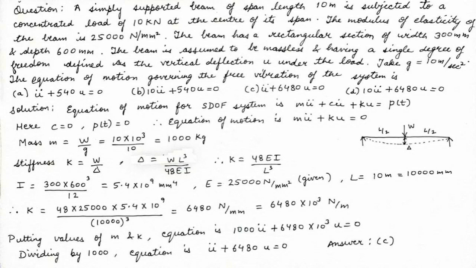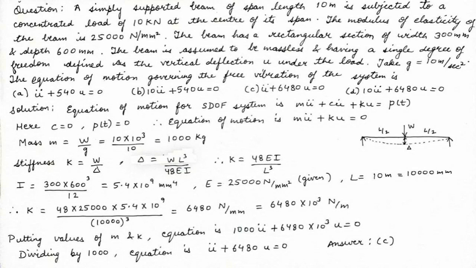Since the beam is assumed to be massless, the only load acting on the beam is the 10 kilonewton load which is acting at the center. 10 kilonewton will be 10 into 10 raised to power 3 Newton. The value of acceleration due to gravity g is given as 10 meter per second square. So the mass will be W by g, which is 10 into 10 raised to power 3 divided by 10, which gives us 1000 kg.